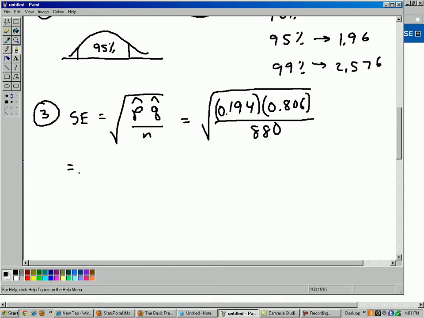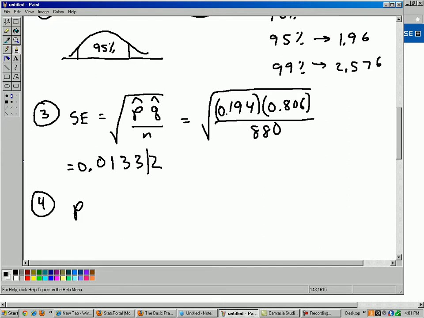So on a calculator, let's just do this real quick here. 0.194 times 0.806 divided by 880 altogether is 0.01332, and the digits keep going on the calculator. Let's do 4 digits here. Let's do 0.0133.